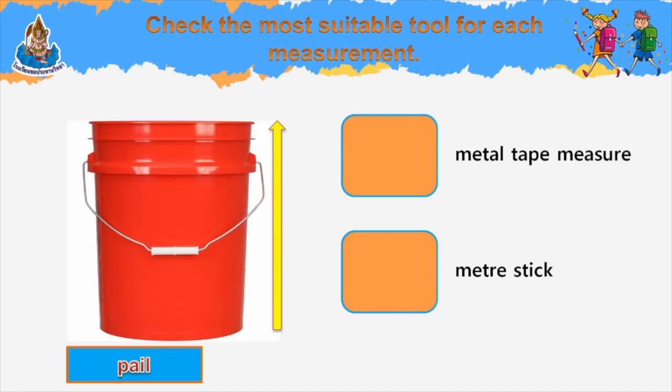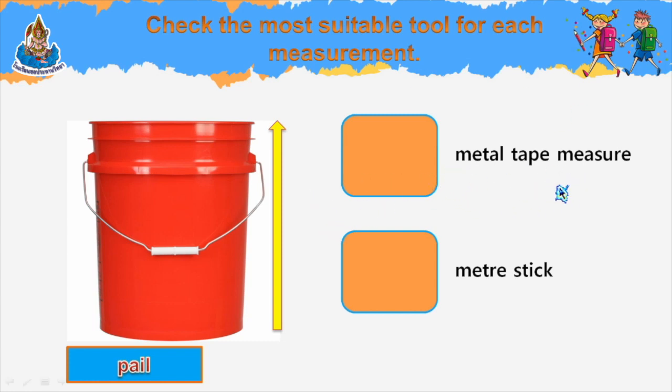How about this? A pail. We use this if you want to fetch some water, right? Okay, I want to measure this one, the pail. Which one should I use? Please help me.